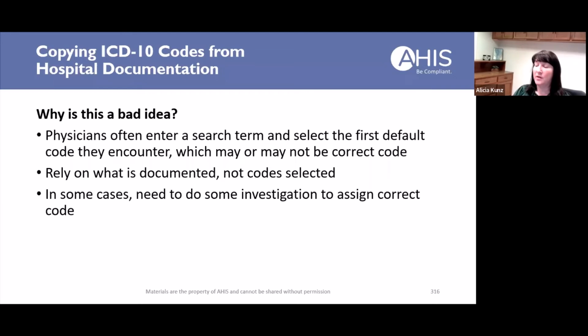They may just type in femur fracture and hit the first one, but it's not the level of specificity that they've documented within their narrative. So you want to rely on what they're actually saying, what they're documenting, not the codes that may happen to get selected. And it says here in some cases, but I'm going to say in most cases, you're going to need to do some investigation so that you're assigning the correct code.